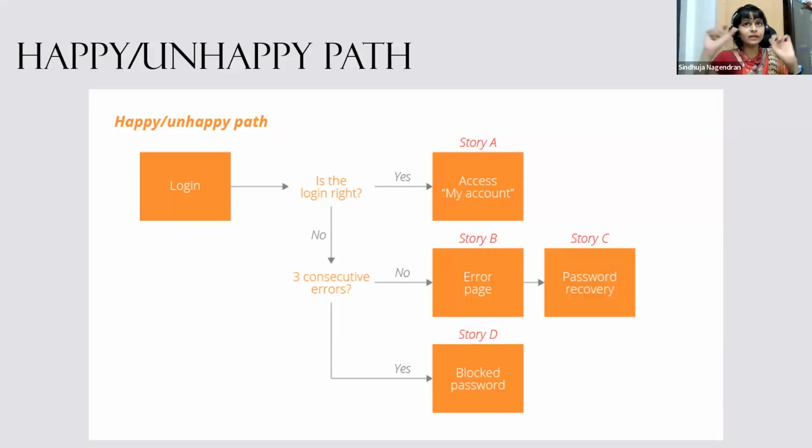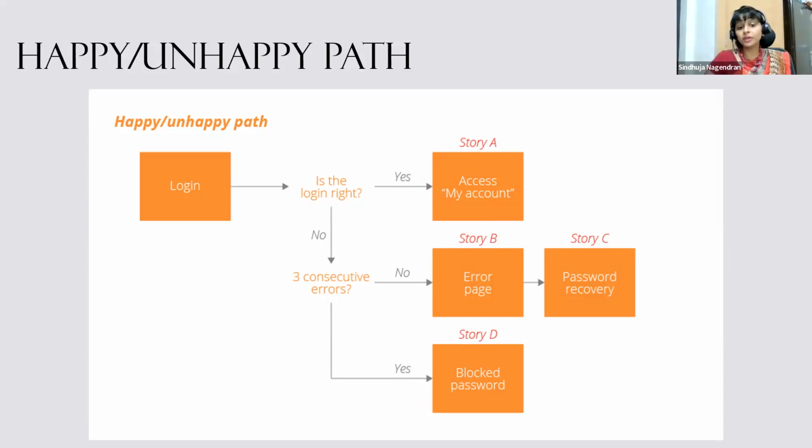If it is happy, have this user story in this sprint. If it is the unhappy way, or if you have multiple options, just focus on the happy path alone in this sprint and the no options in the next sprint. This way we can segregate. If it is a no, and three consecutive errors come, then story B, error page. What could the error be? That can be a separate story, like password recovery.